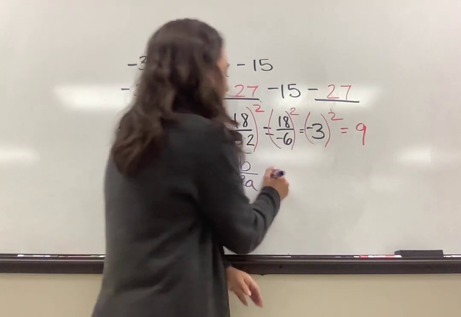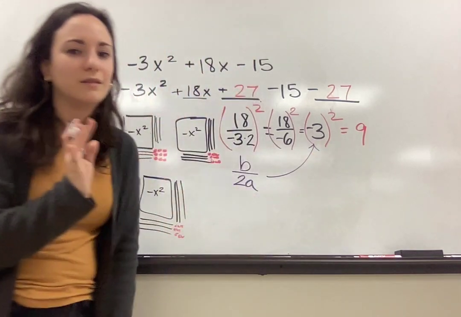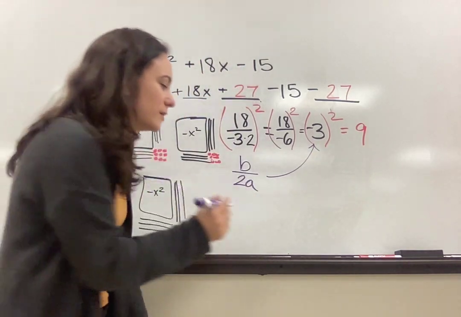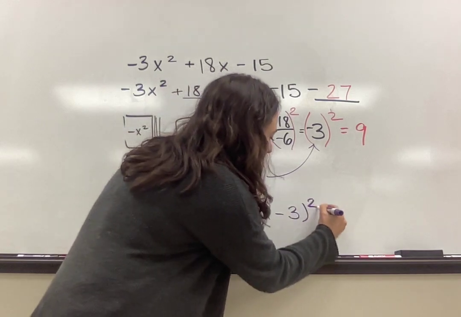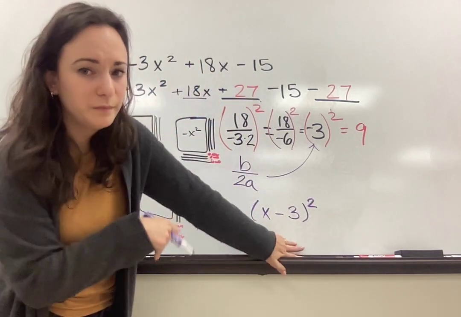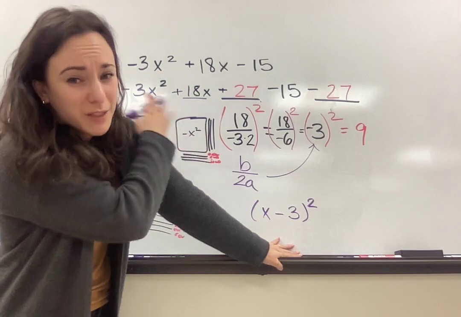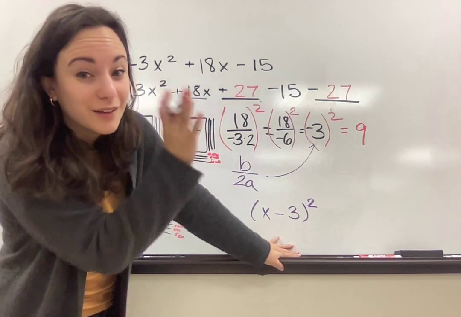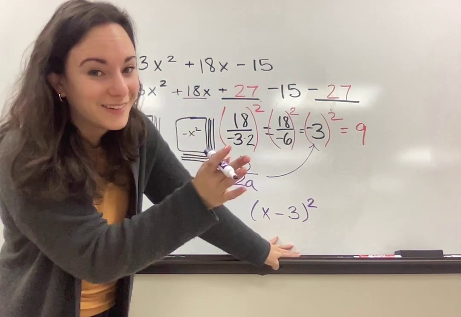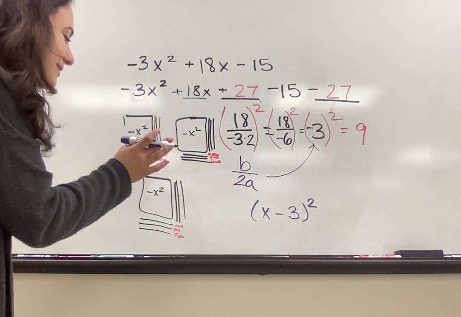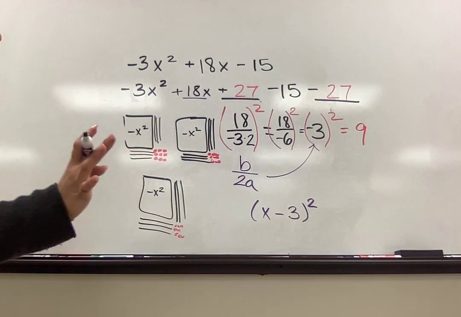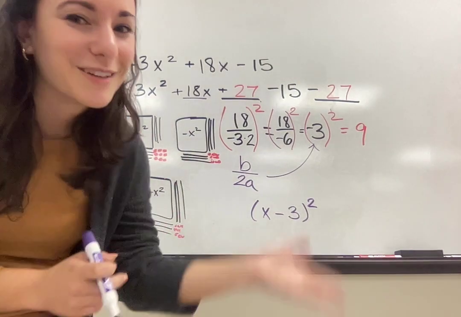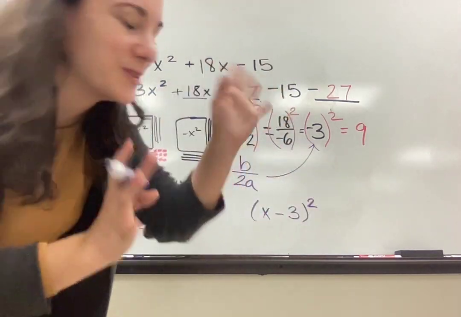I'm still going to get that negative 3, and that negative 3 is still going to be the part inside my parentheses when I get to expressing my squares. Yeah, it's negative 3. Okay, I'm just second guessing myself. I can always go back and expand and distribute to check myself after, so you'll watch me do that too.